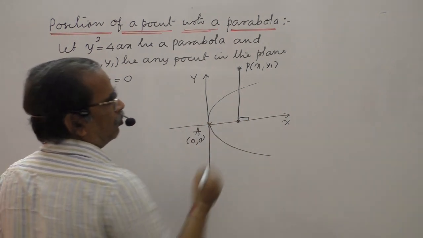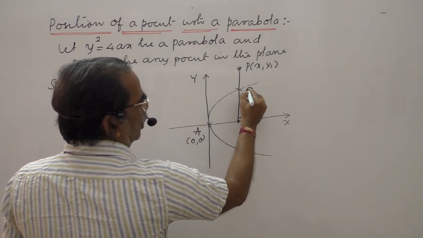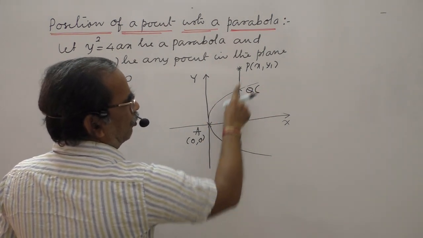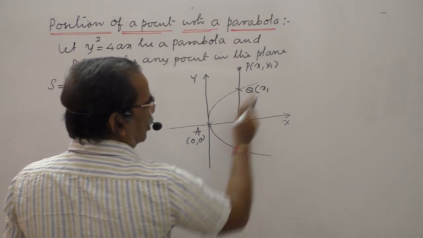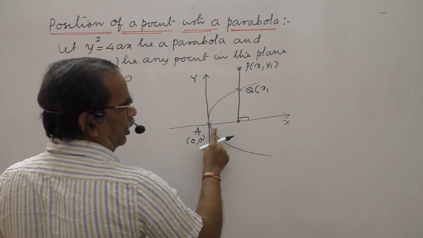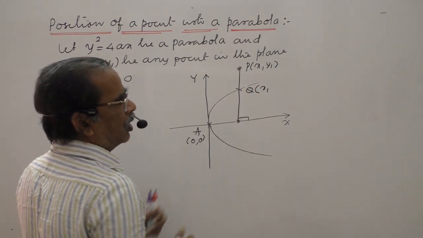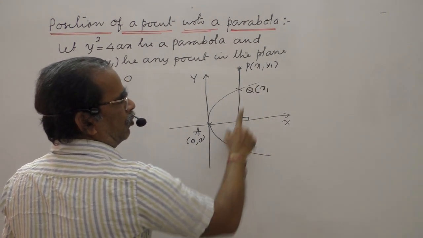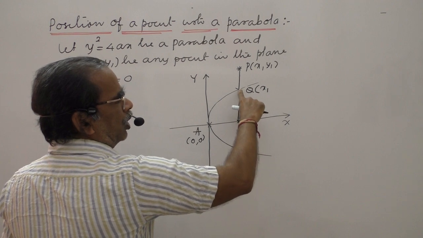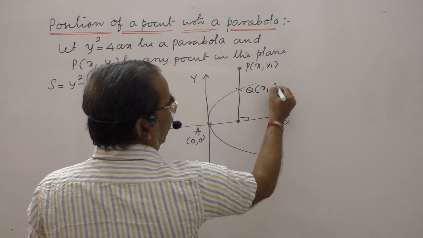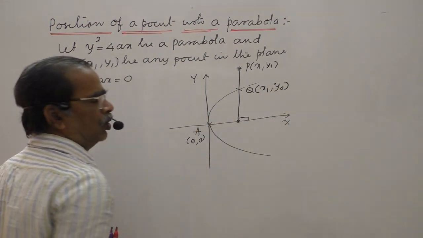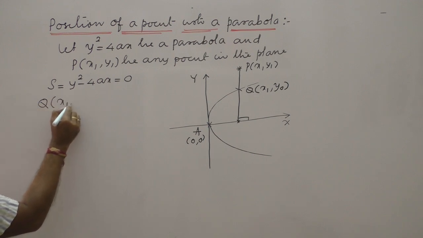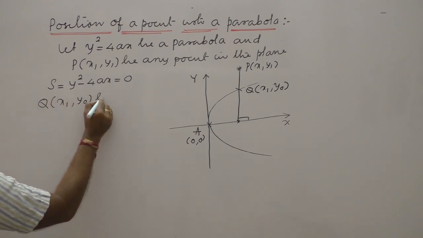This perpendicular meets the parabola at Q. For P and Q the x coordinate is the same, but the y coordinates are different. The y coordinate of P is y1, that means this distance is y1. For Q, we will suppose the y coordinate is some y naught. Therefore, the point Q (x1, y naught) lies on the parabola.